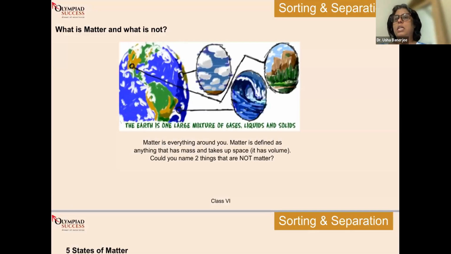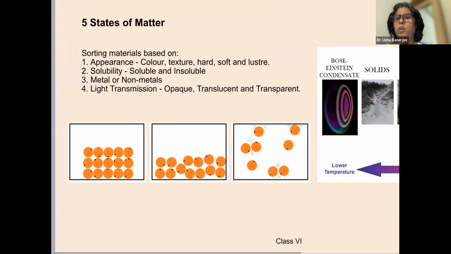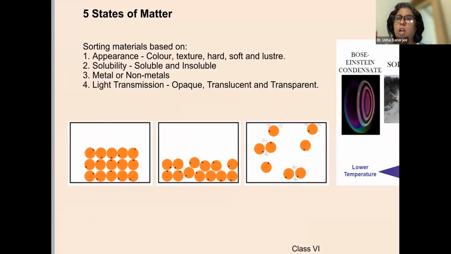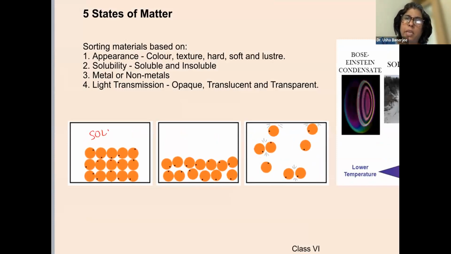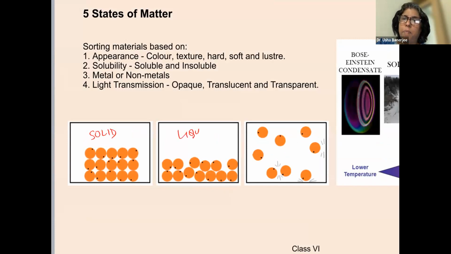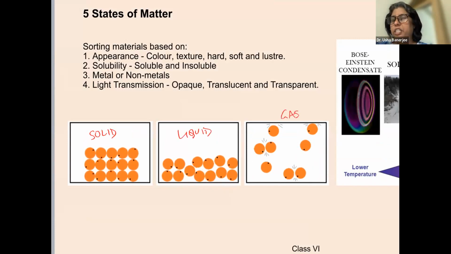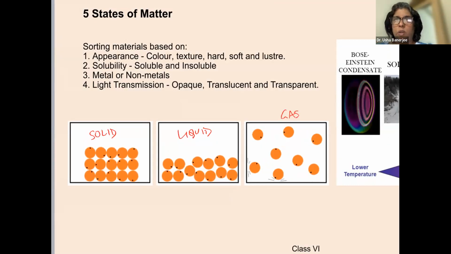Right now, I know all of you know most of this. As soon as I ask you to name 3 states of matter, all of you will tell me about solid, about liquid, and about gas. But this is what you normally know till now, right?